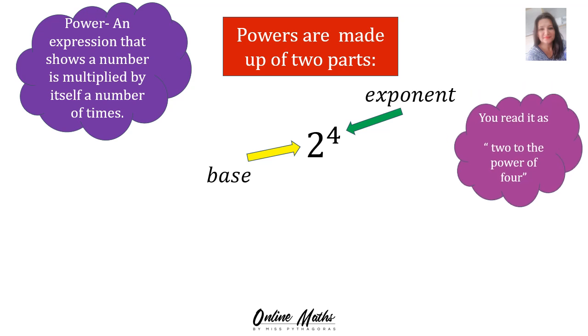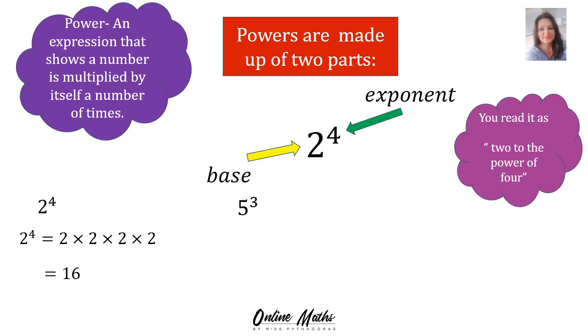You read it as 2 to the power of 4. When I give you 2 to the power of 4, it means it's 2 times 2 times 2 times 2. In other words, it's 2 times itself 4 times. And then the answer is 16 and not 8.